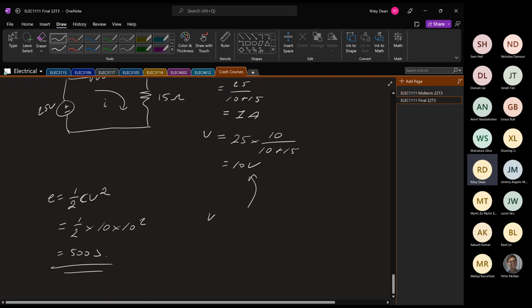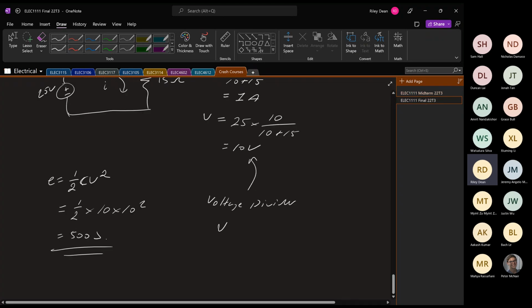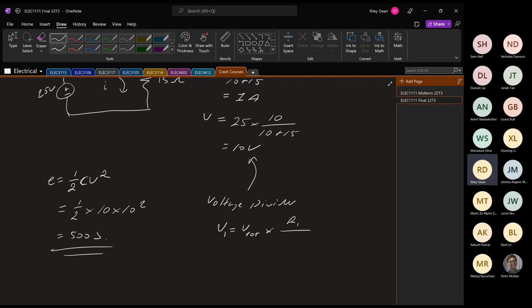This one here is a voltage divider, where V is equal to the total voltage drop across the whole set of series resistances multiplied by R. Say we're doing V1, it's R1 over REQ.